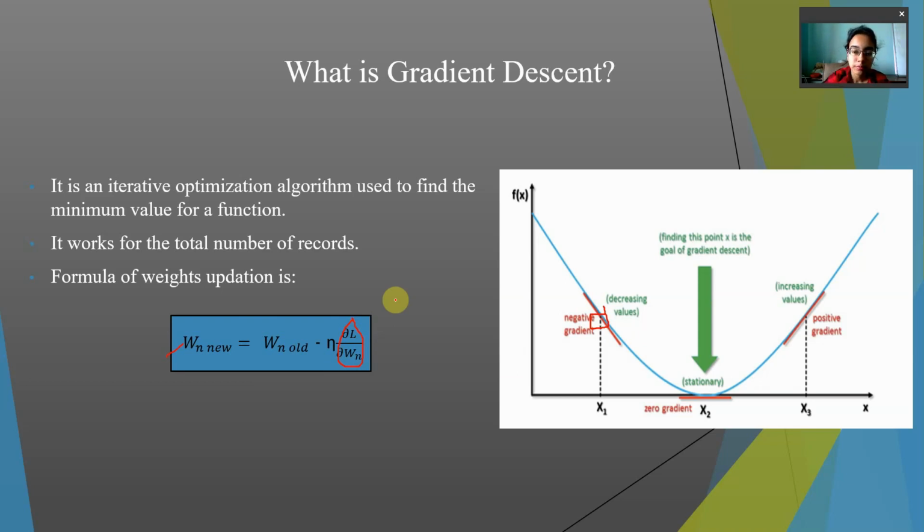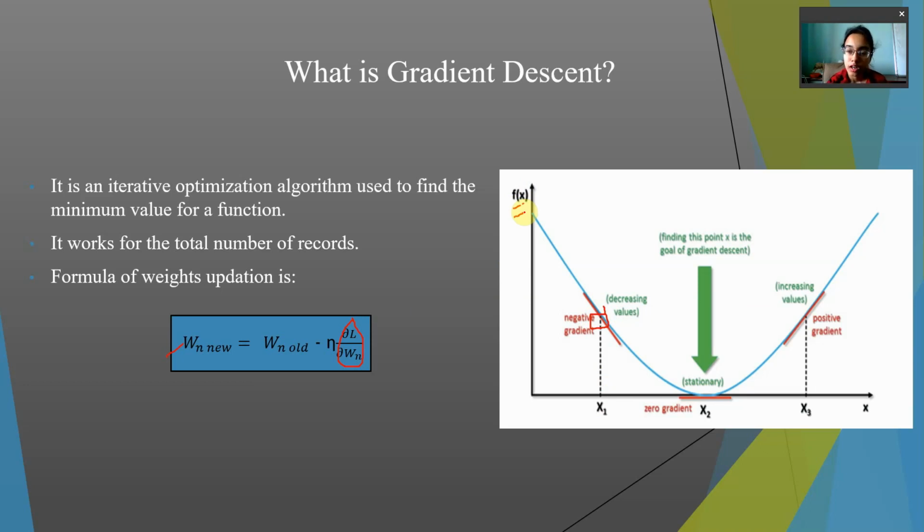So if we initialize the weight at this point, let us consider that the weight at this point is x1 on the x-axis, and on the y-axis we are considering the loss function or the cost function. Okay, so after we initialize the weight at the point x1, we will draw a tangent passing through that point.